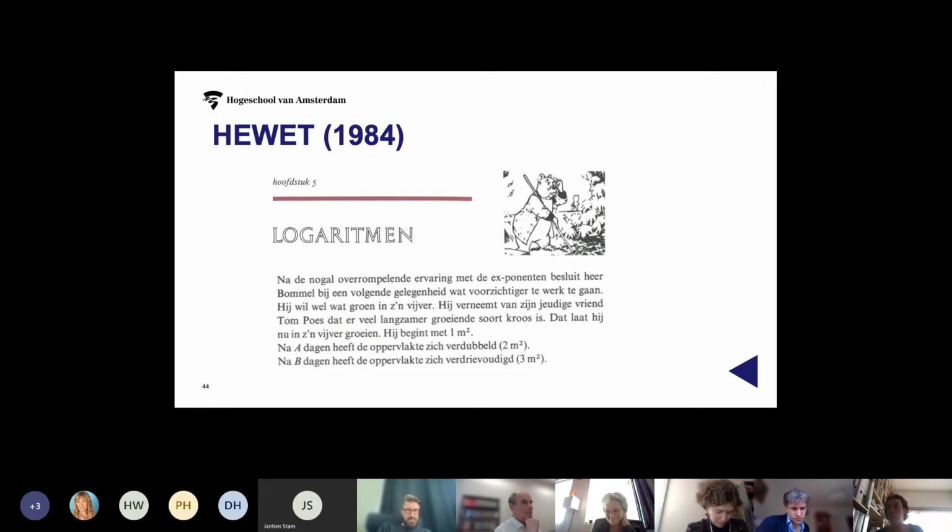It's from the Hebet book, and here we see a picture from Olivier B. Bommel, the creation of Marten Toonder, and he is used in this book or in these textbooks to discuss logarithms, where he has a pond in his backyard and he has some duckweed growing in the pond, and there actually are those 2 sequences there that help the students develop the concept of logarithms. If you have not seen this chapter before, you should really look into it. It's beautiful.